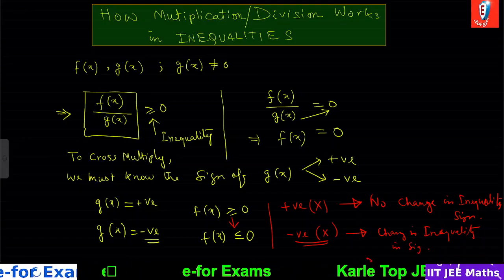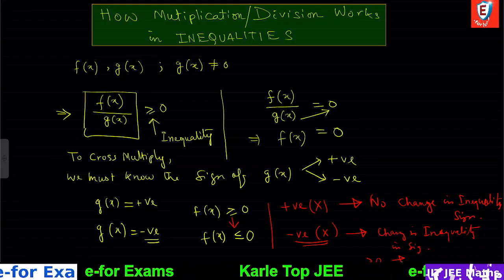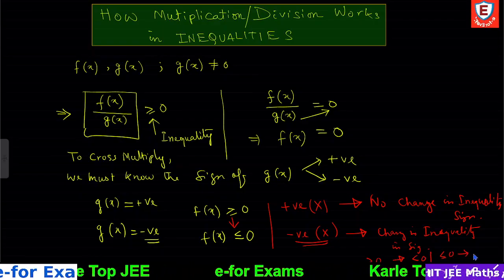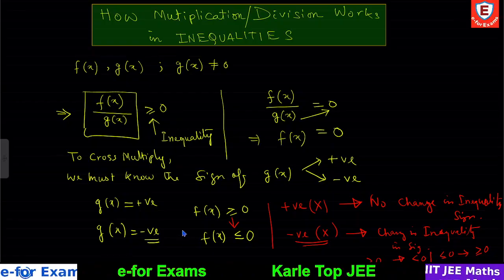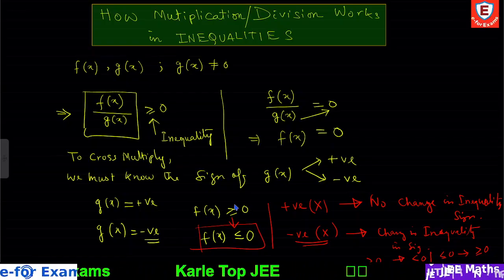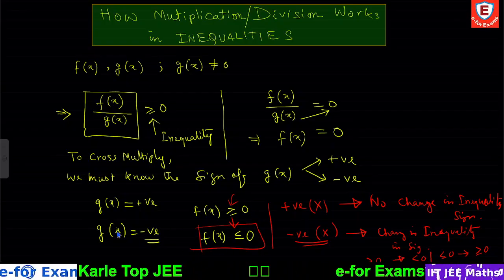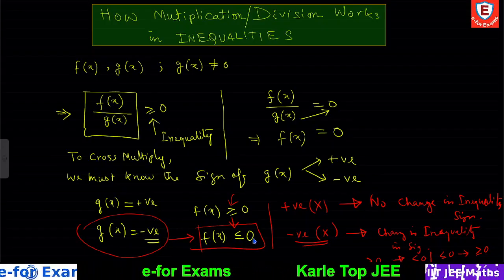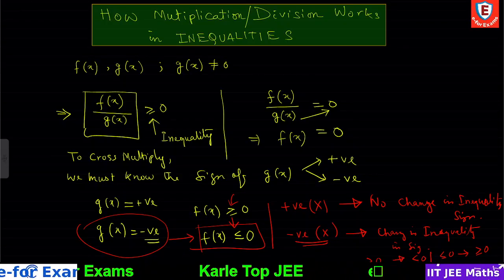If it was greater than or equal to 0, then it will become less than or equal to 0. Or if it was less than or equal to 0, then it becomes greater than or equal to 0. As here in this case, before it was greater than or equal to 0. When g of x is negative, and we cross multiply, then it becomes f of x is less than or equal to 0.